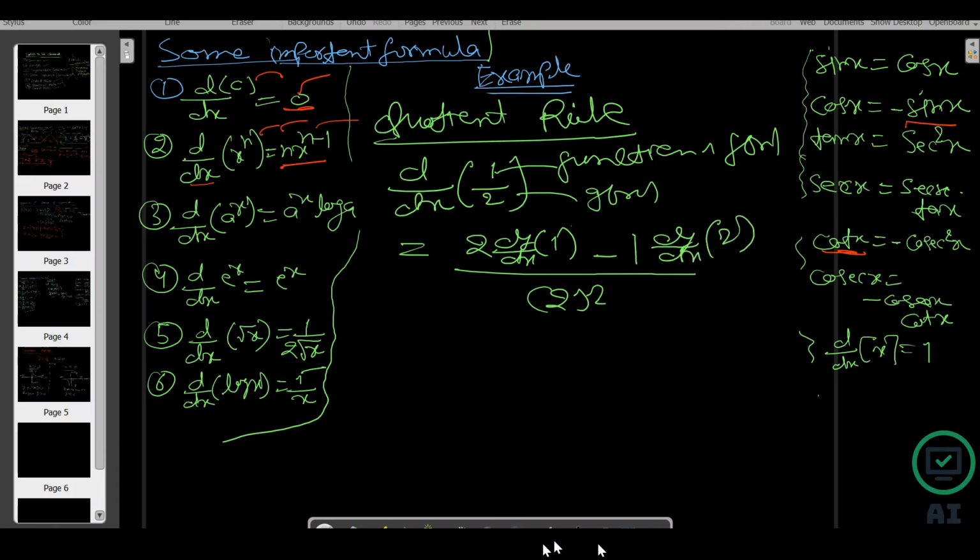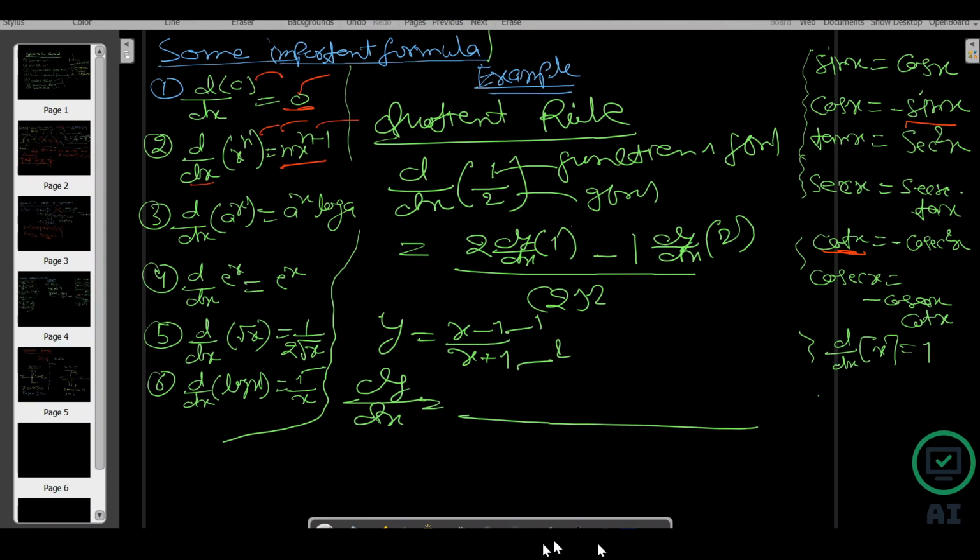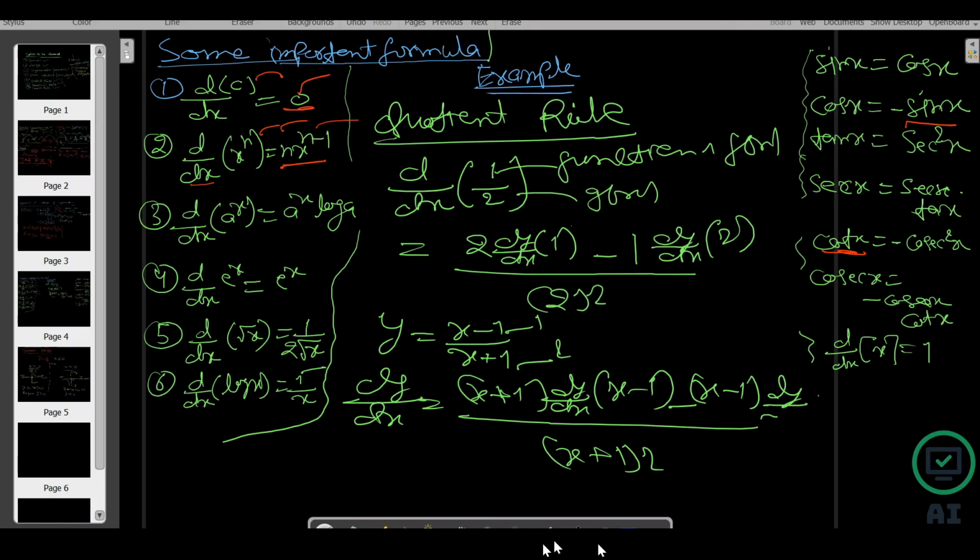This is the formula. So if this function is given, let's suppose x minus 1 over x plus 1, how to do this? Here this is function 2, this is function 1. So square of 2, x plus 1 whole square, then take 2 out, x plus 1, dy by dx of x minus 1, minus, then x minus 1 out, dy by dx of x plus 1.